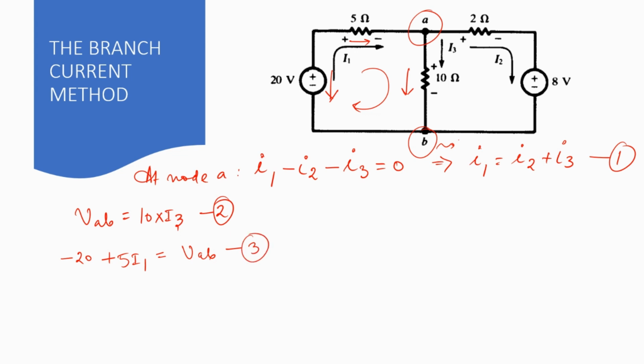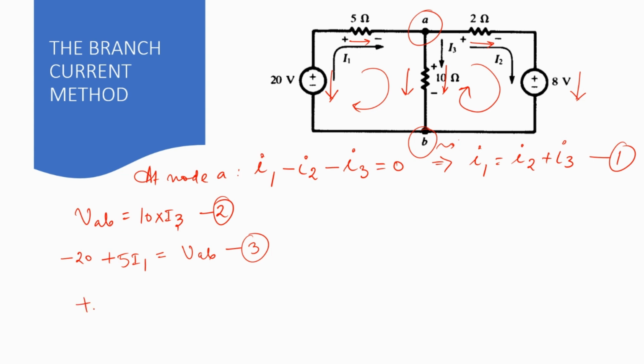In the same way, we can write the KVL equation in this half of the circuit or in this closed path. So let's mark the directions again from positive towards negative, and let's assume the direction to be in the direction of I2 itself. Now I can write the equation as, see, the assumed direction and the drop direction of this 8 volts is the same.